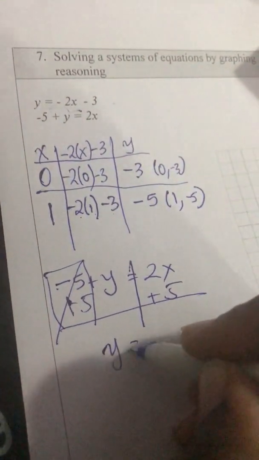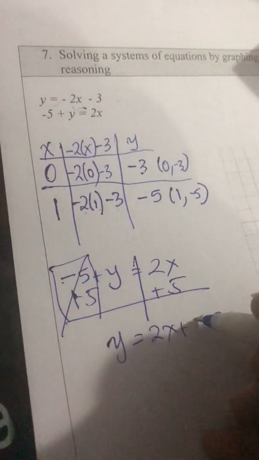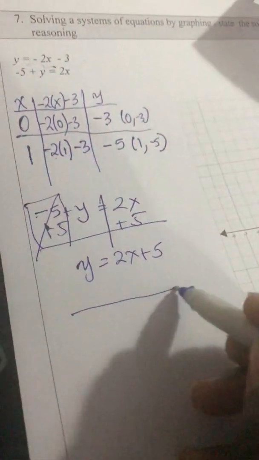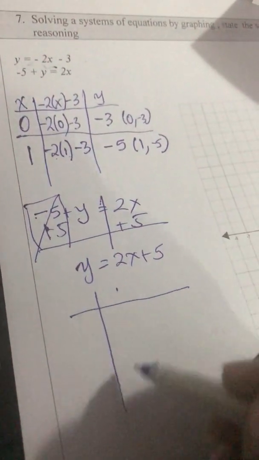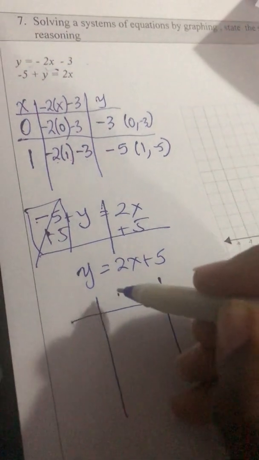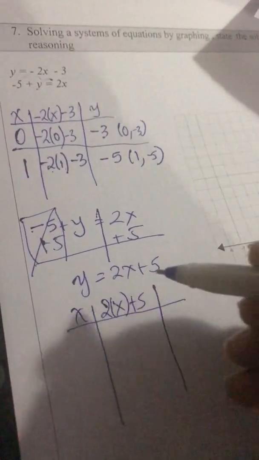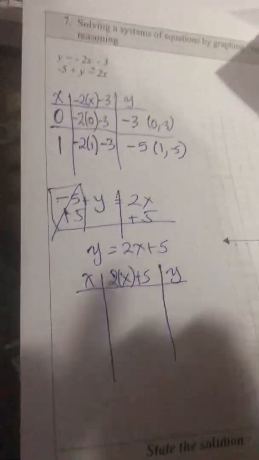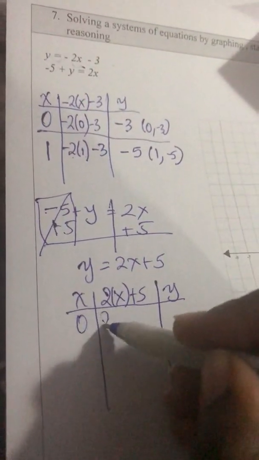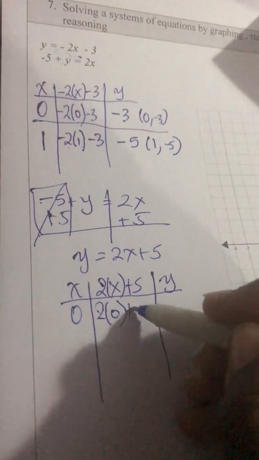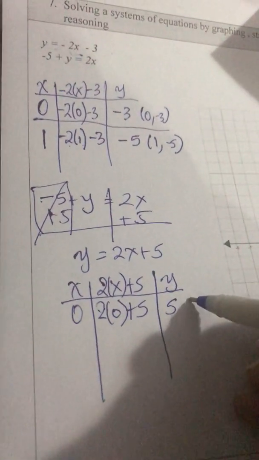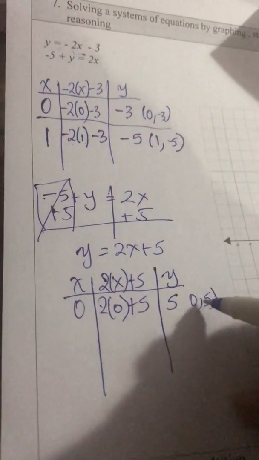So you have y equals 2x plus 5. I'm going to do this: 2(x) plus 5, x and y. When x is 0, y is 5. So (0, 5).